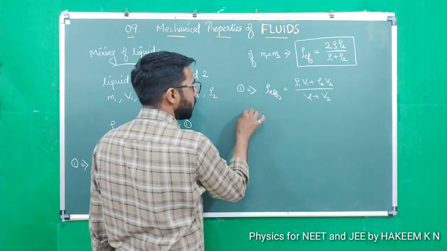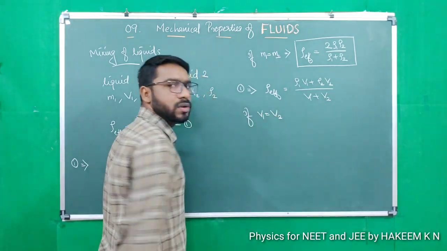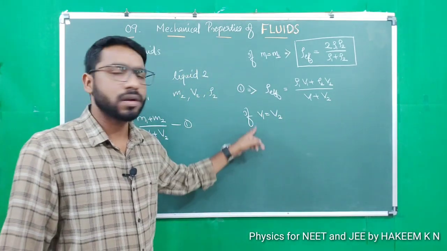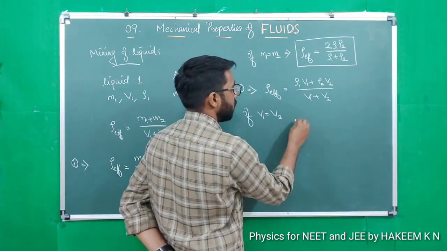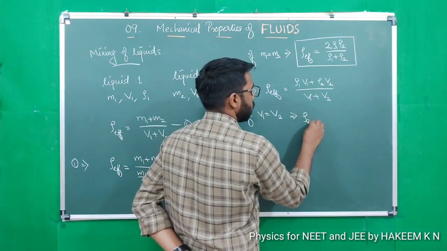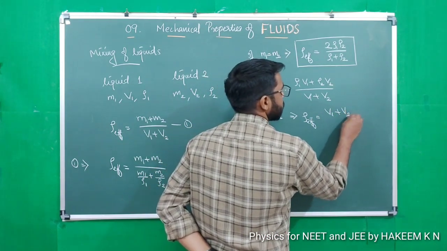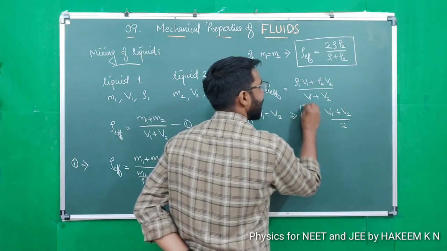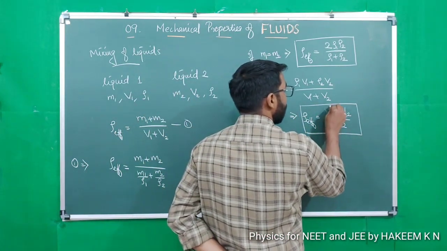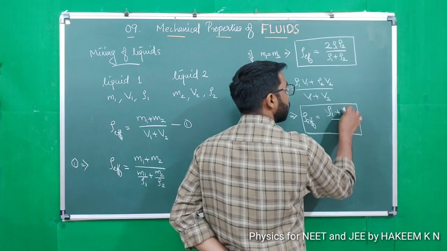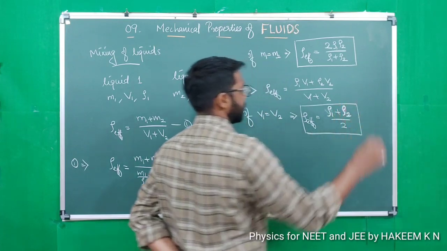Now if the volumes of the liquids mixed are equal, then what will we get? Effective density equals (ρ1 plus ρ2) by 2, the arithmetic mean of densities.